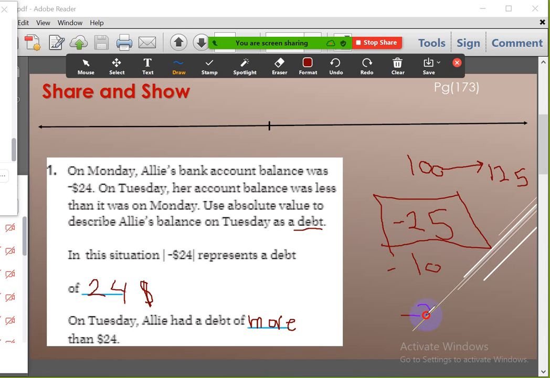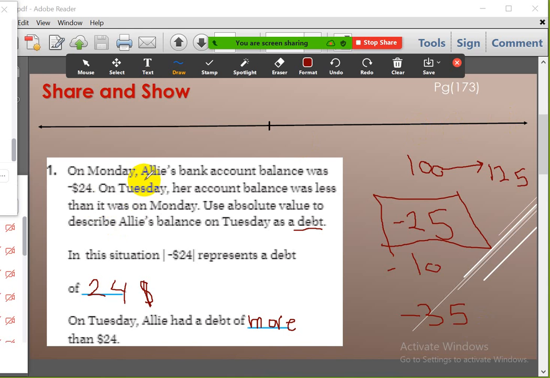Negative 35, because already I have a debt in the bank of 25 riyal, and the next day I took 10 riyal. So the debt becomes negative 35.